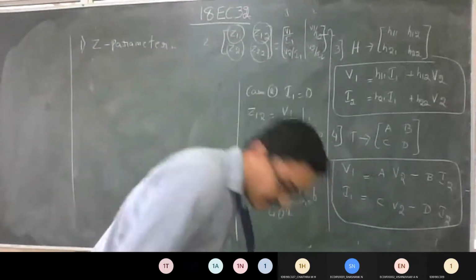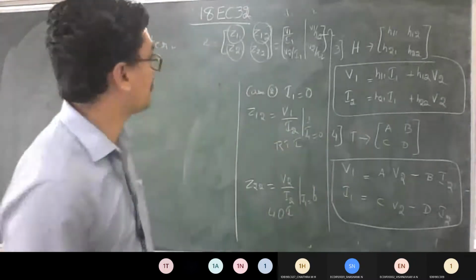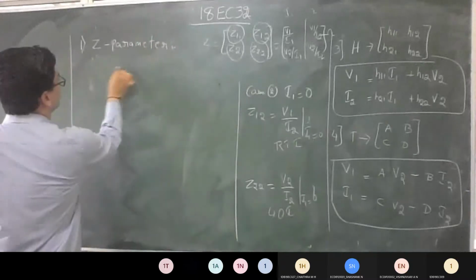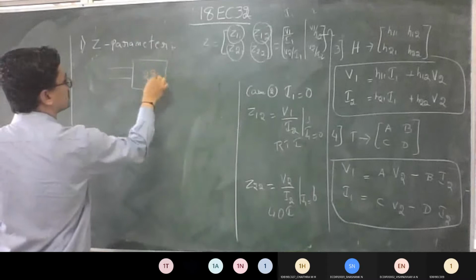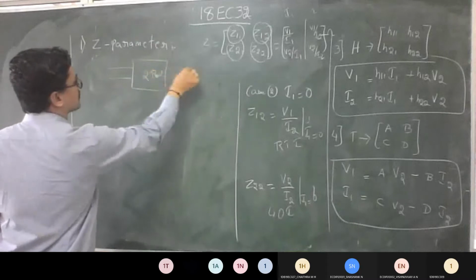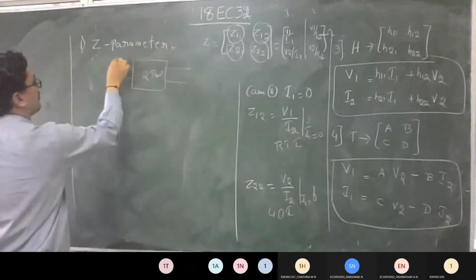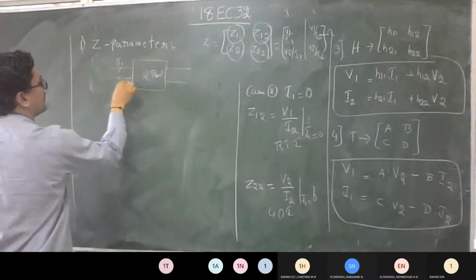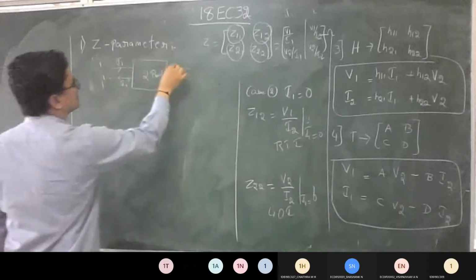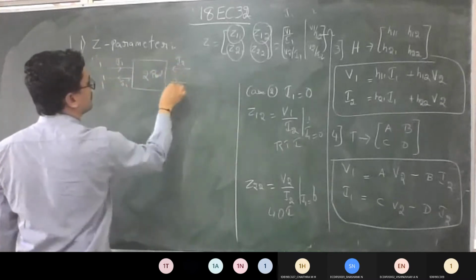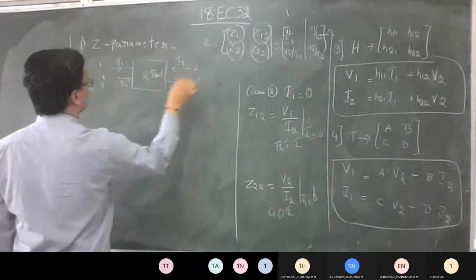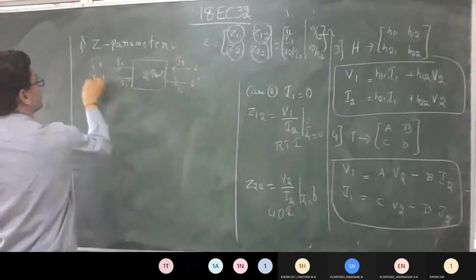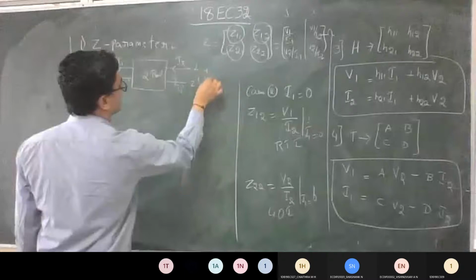I think at the beginning I showed you one diagram, right? So you just look at this. There was the 2-port concept. So this was the 2-port. I wrote it like this: I1, 1 dash; similarly I2, 2 dash, and I designate this as V1 and this as V2.